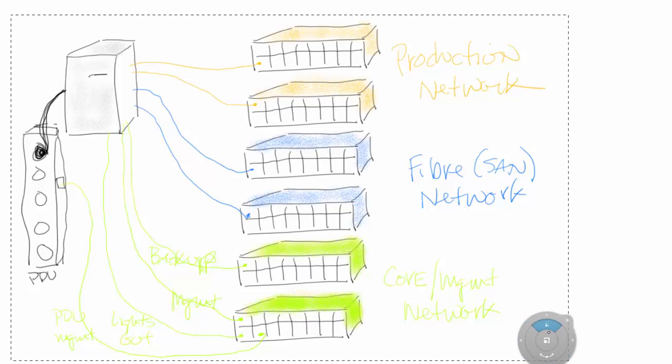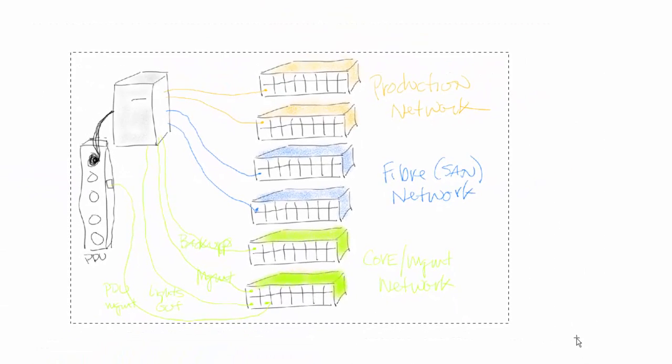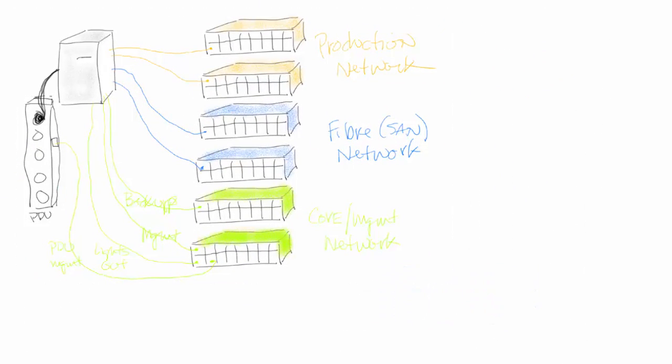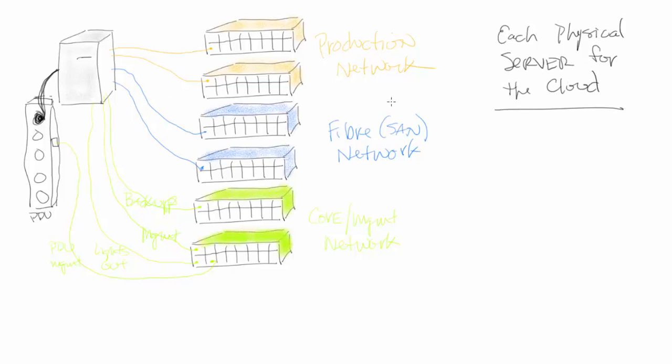So let's crush this together a little bit, and let's do a little bit of the math so that we can get our heads around the logic of how you would build out this solution. Each physical server in this example, and remember, you can change the numbers to accommodate your environment, has X amount of ports being used from the server.